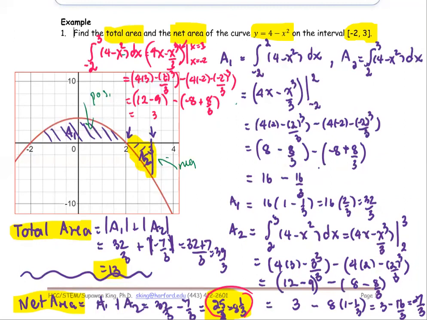The first quantity gives us 3, and then minus this portion becomes plus 8 minus 8 over 3. That comes out to be 11 minus 8 over 3, and it turns out to be 25 over 3, the same value that we get from using A1 plus A2 with the sign.